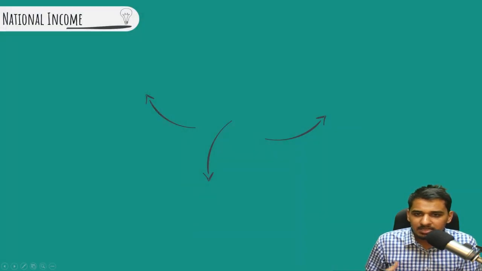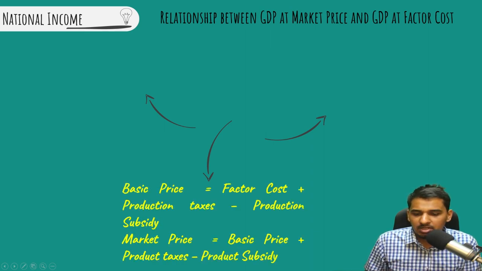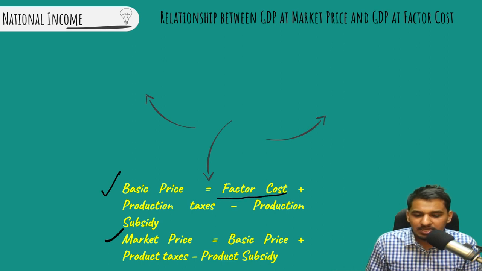Now let us see another method, the relationship between GDP at market price and GDP at factor cost. You should know about two things, the basic price and the market price. The basic price is factor cost, that is the cost of factors of production, plus production taxes minus production subsidy. Now what are production taxes and production subsidy?